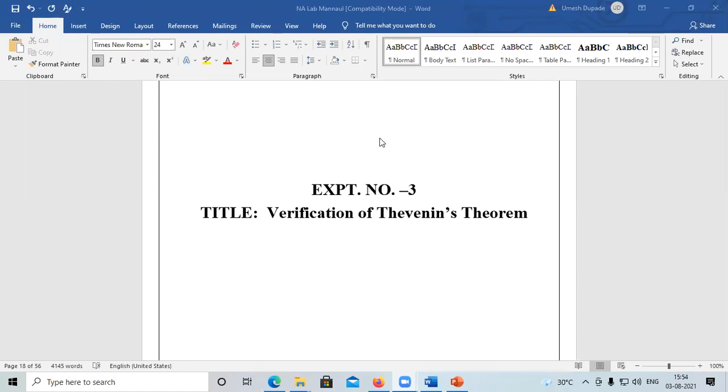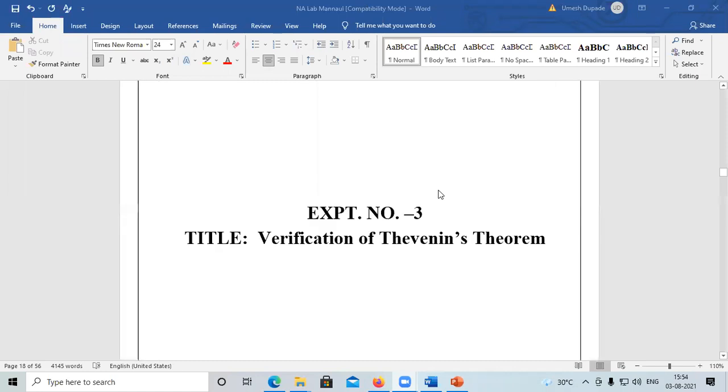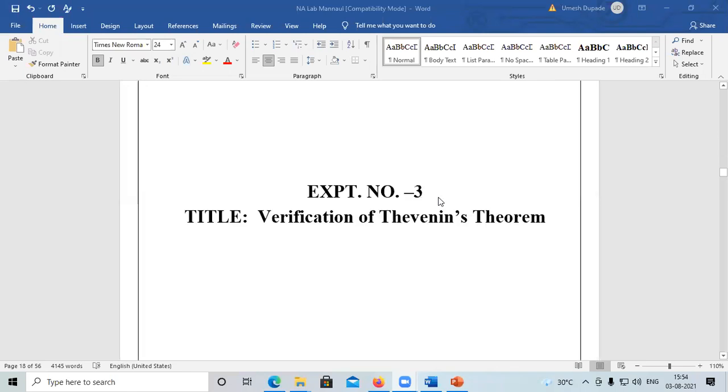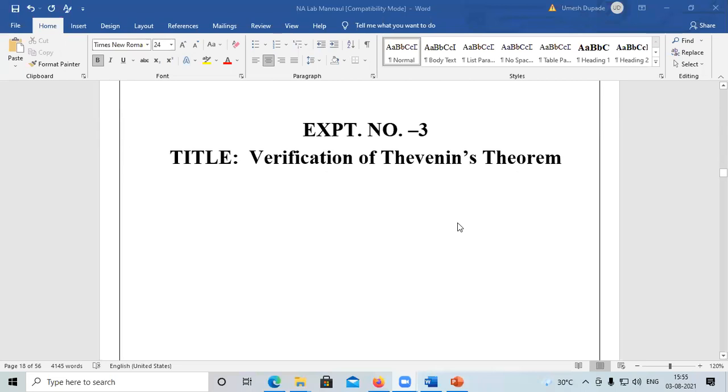It was already discussed in the theory, and we already solved some problems in unit number 2, network theorems. In that we already discussed Thevenin's theorem.